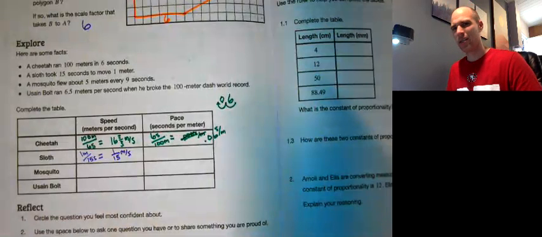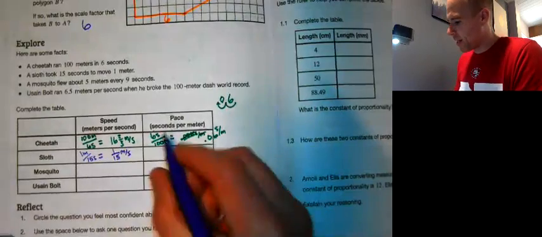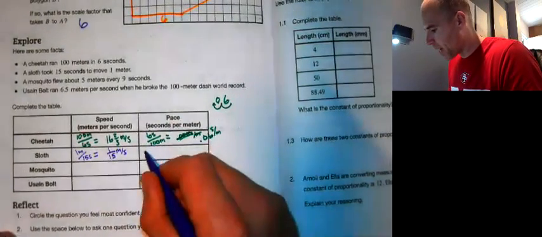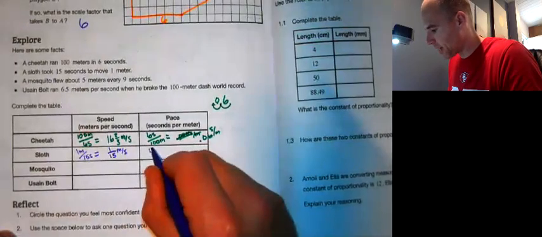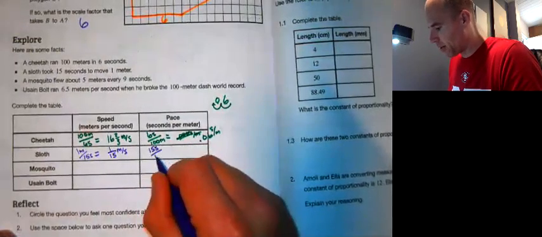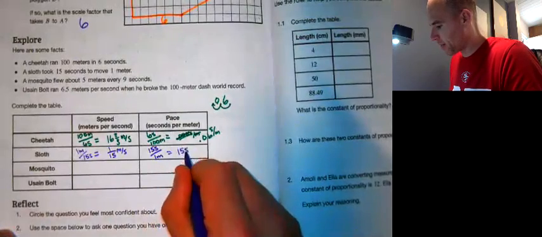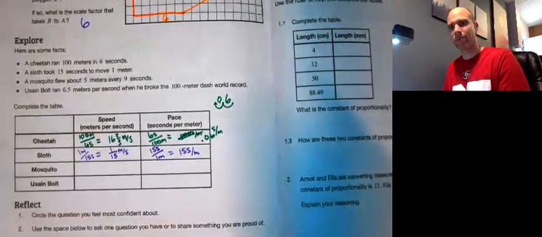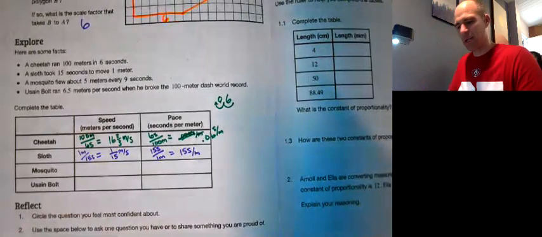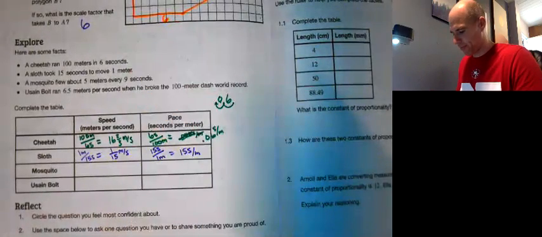It's like a few inches, I think. Then the other way, the pace is 15 seconds divided by 1 meter, so it's just 15 seconds per meter. It takes the sloth 15 seconds to go every meter. That's pretty clear from the information we were given.